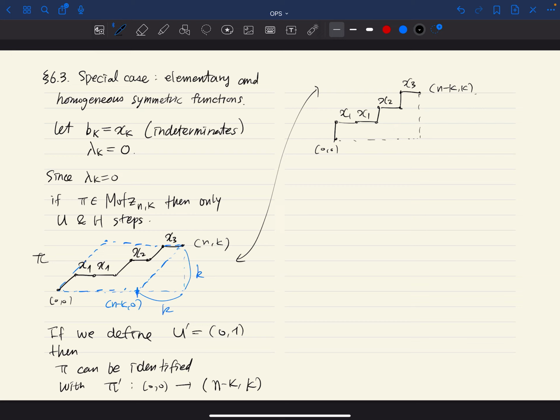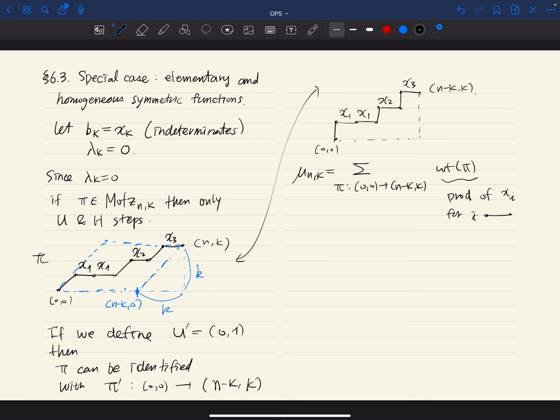And so, in other words, mu sub nk equals the sum over paths pi from (0, 0) to (n minus k, k) of weight of pi, where weight is just the product of x_i for every horizontal step at height i.